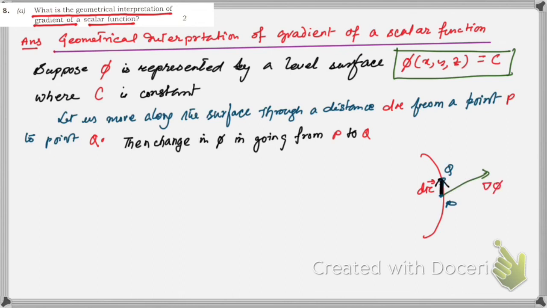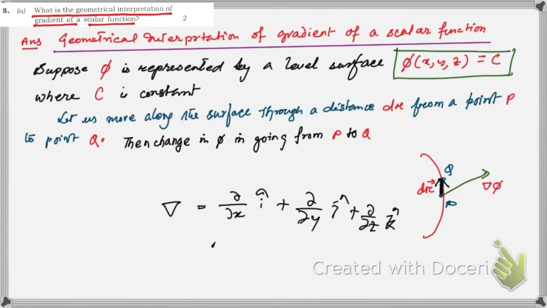So del phi represents the del operator that gives del by del x i cap, del by del y j cap, and del by del z k cap, right? So this gives variation or change along the x-axis, y-axis and z-axis.